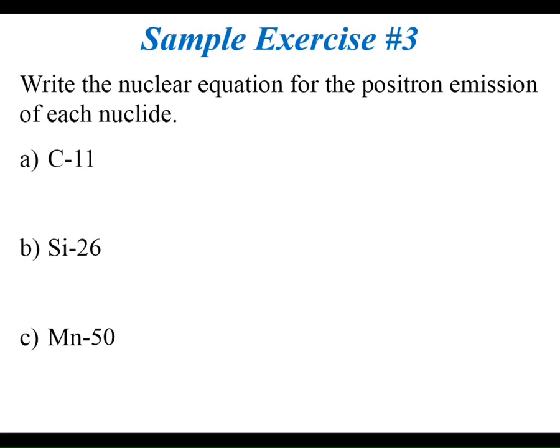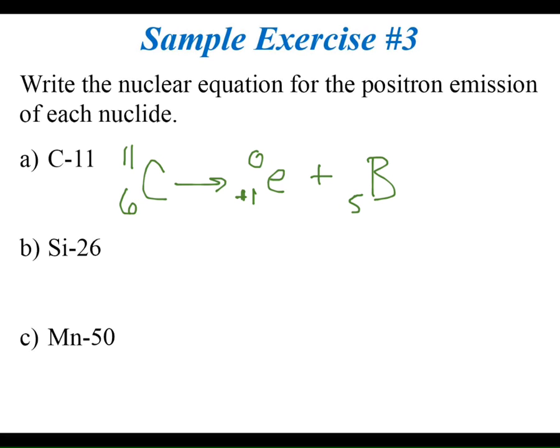Okay, so let's try a couple of these. Positron emission. Let's try carbon-11. How many protons does carbon have? Carbon is number 6. So if that undergoes positron emission, it's a little +1 now. What else must it make? Boron, number 5.